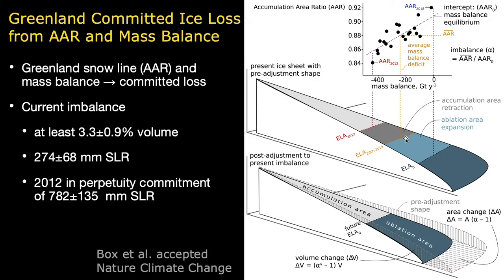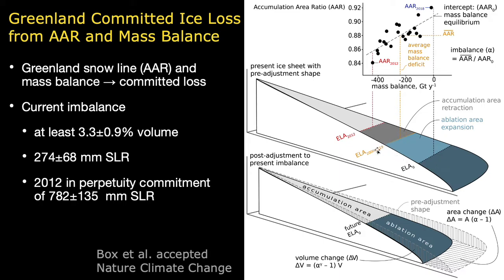To readjust to this perturbation, the ice sheet's equilibrium line climbs up to, well, here is the equilibrium ELA equivalent with the equilibrium AAR. The equilibrium line altitude moves up in a warming climate. You have a larger bare ice area.